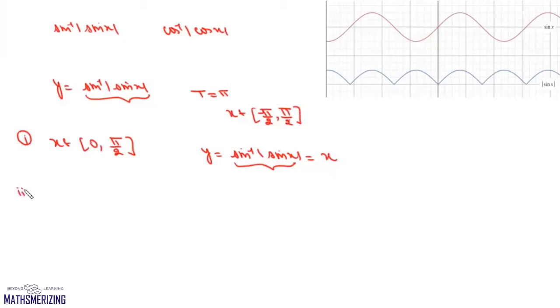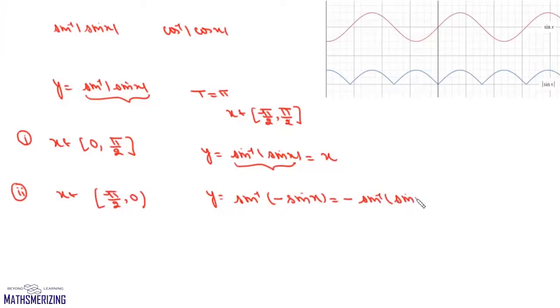Now in the second interval, when x lies between minus pi by 2 to 0, in this interval, sin x is negative. So therefore, we'll need to write mod sin x is minus sin x. So we'll write sine inverse of minus sin x, and sine inverse of minus x is minus sine inverse of sin x.